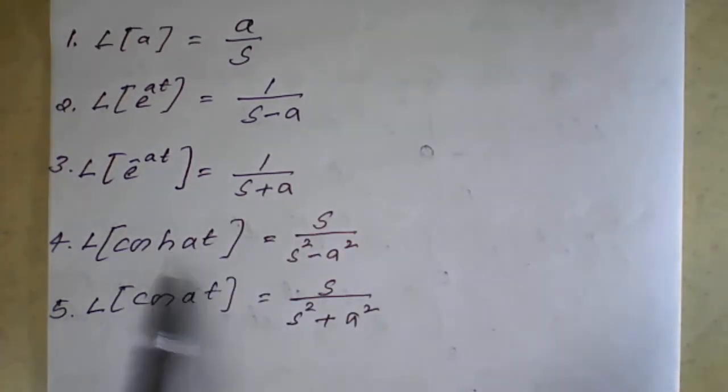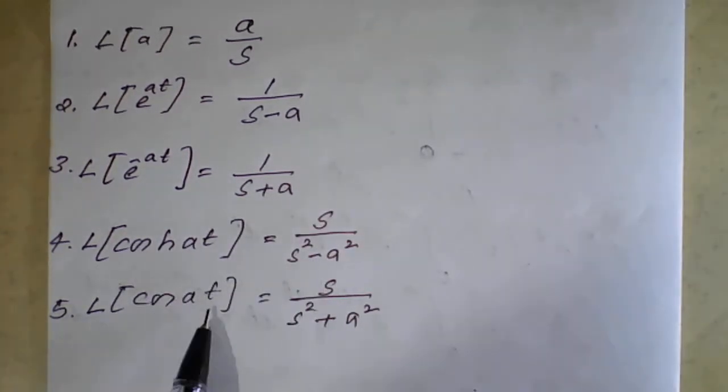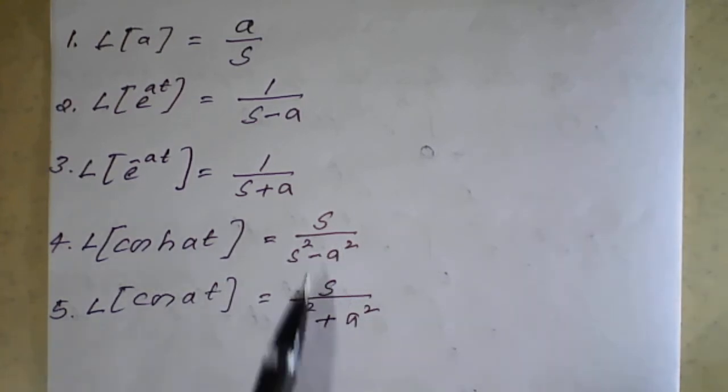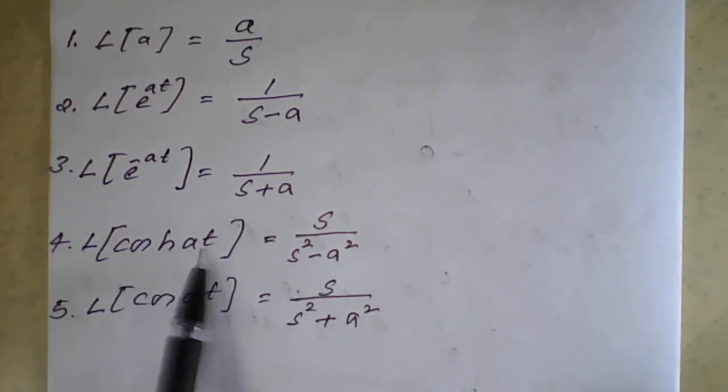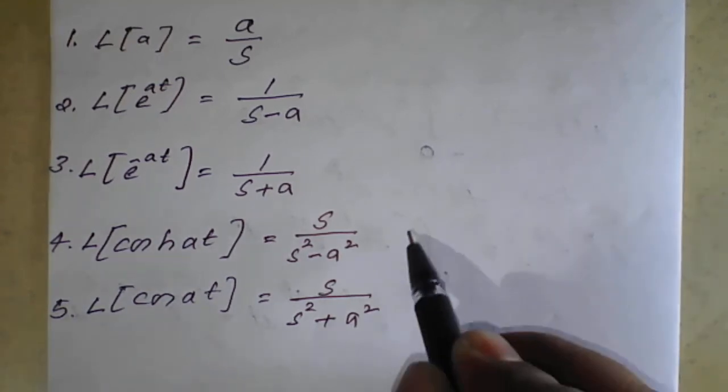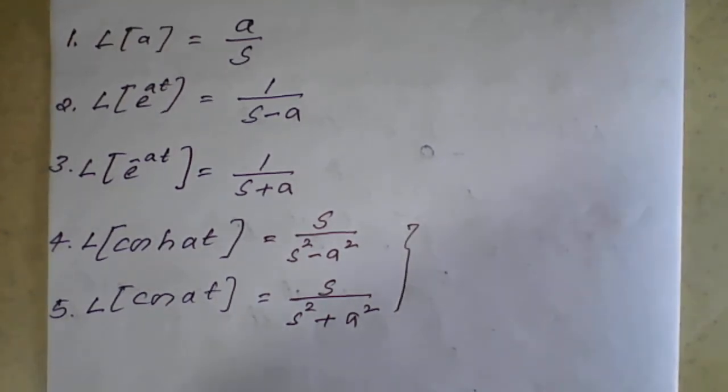Because of hyperbolic, the minus sign will come. Because of trigonometric, the plus sign will come. They look the same, but because of hyperbolic you need to remember it is the minus sign, and because cos at is a trigonometric function, it will become the plus sign. So these two formulas you have to remember.